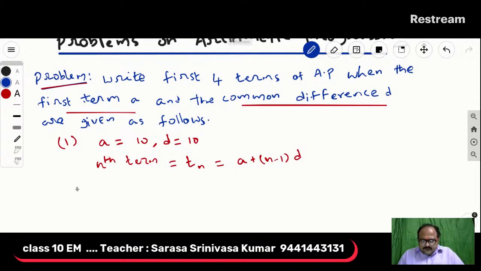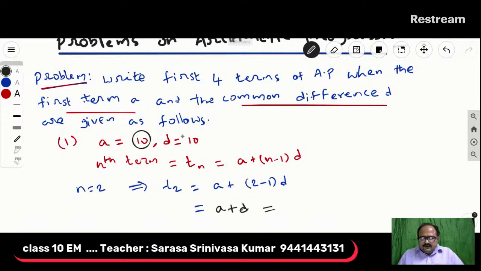So n equal to 2 implies T2 equals A plus 2 minus 1 multiplied by D, which is A plus D. Here the first term A is 10 and the common difference D is 10. So A plus D means 10 plus 10, which is equal to 20.